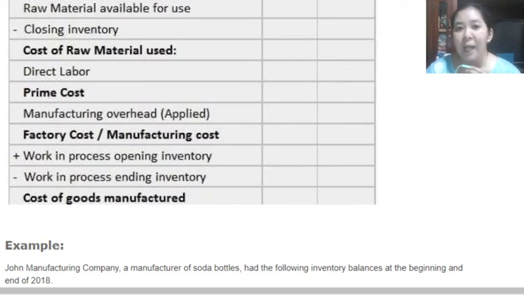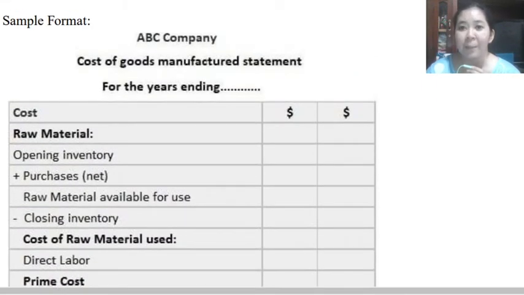If we add these three, direct materials, direct labor, and factory overhead, this is our factory cost, or manufacturing cost. But we will add the work in process beginning inventory and deduct the work in process ending inventory to get the cost of goods manufactured. So this is an example of how we prepare the cost of goods manufactured statement.